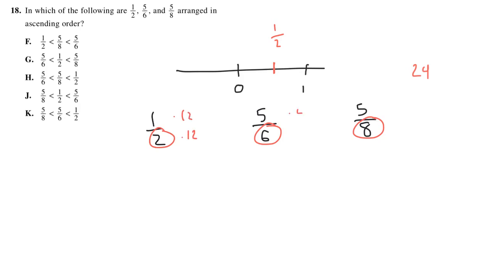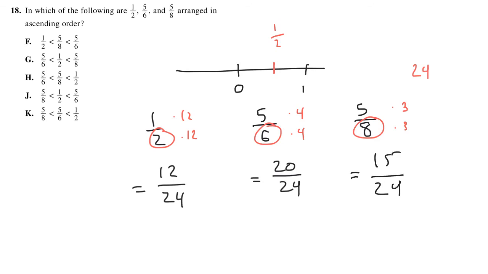Here you'd have to multiply the top and the bottom by 4. And here you'd have to multiply the top and the bottom by 3. So that gives us 12 over 24, 20 over 24, and 15 over 24.